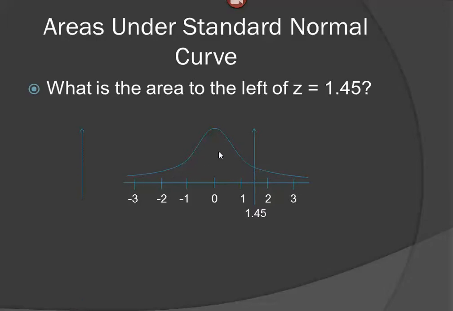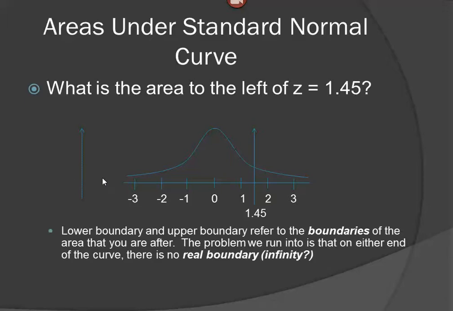The one problem is that because the horizontal axis is an asymptote, this curve continues on and on down through negative infinity. Well, there is no negative infinity button on your calculator. So there's no real lower boundary, but we still have to put one into our calculators.